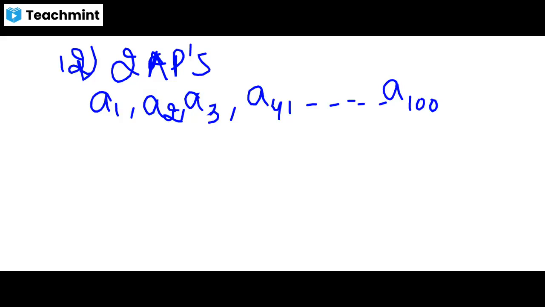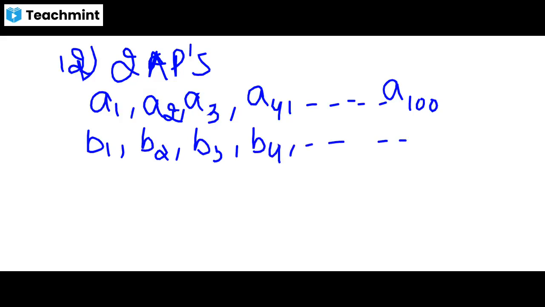And the second AP we'll take as B1, B2, B3, B4 and so on up to B100. Okay. So now what they have given, two APs have the same common difference.